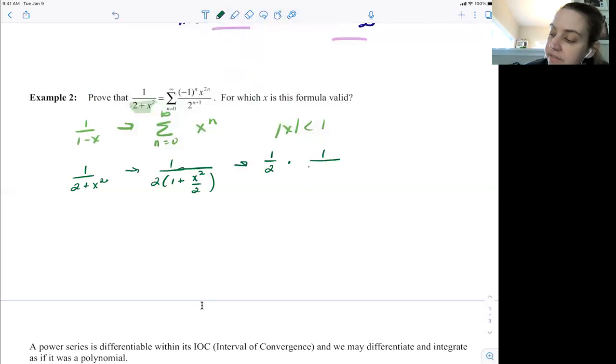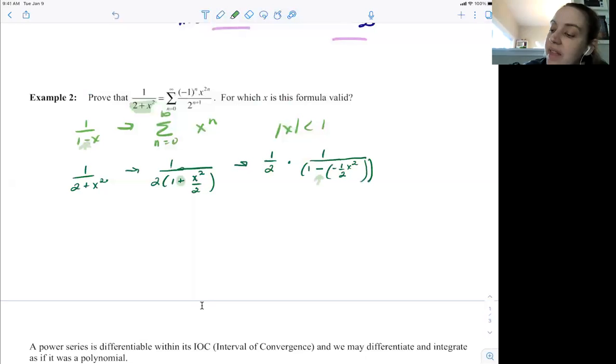This is going to look a little funny. Why did I do that? Why did I make this minus a negative instead of a plus? The reason I did that, there's a plus here, but the formula has to be a negative. So I need this to be a negative here.